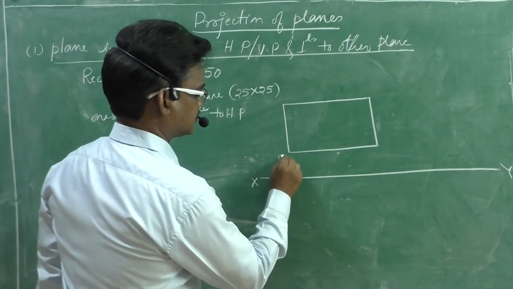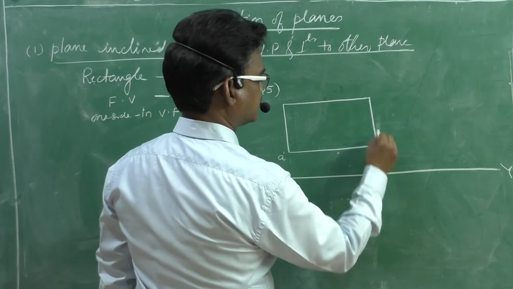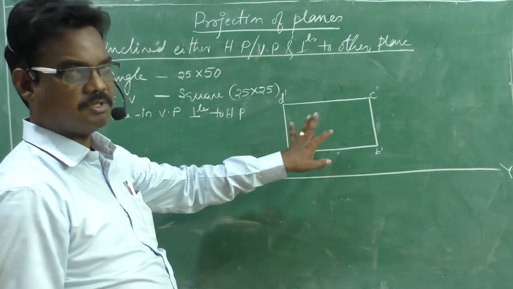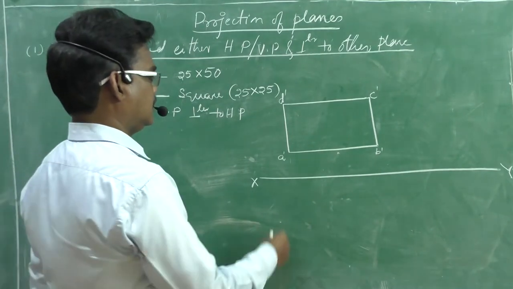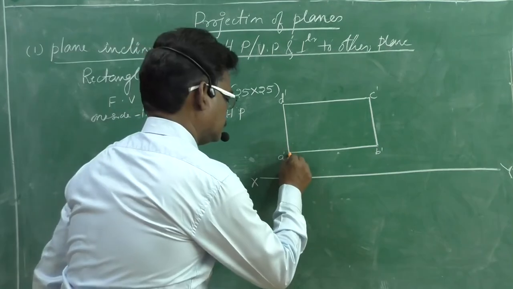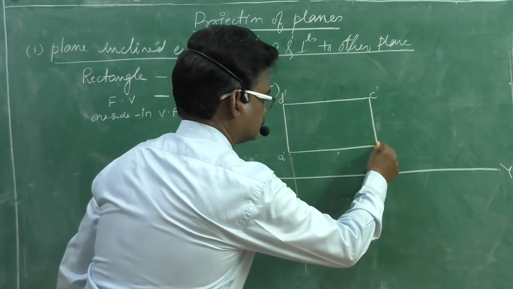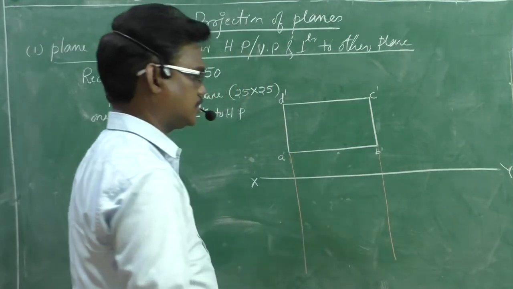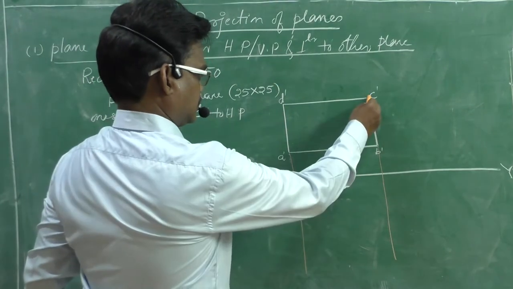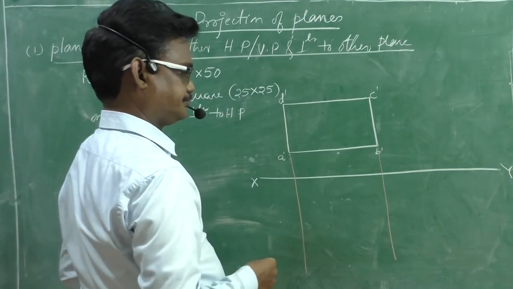This is A dash, B dash, C dash, D dash. This is the simple position front view. Now project it downwards. If you project it downwards, in the top view, only this line we can see.